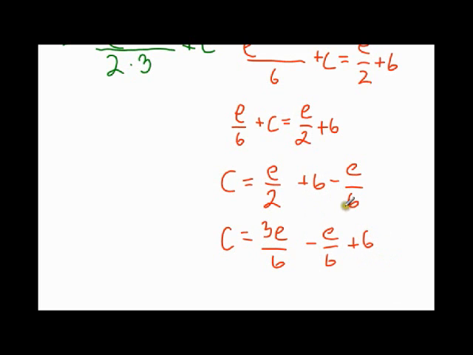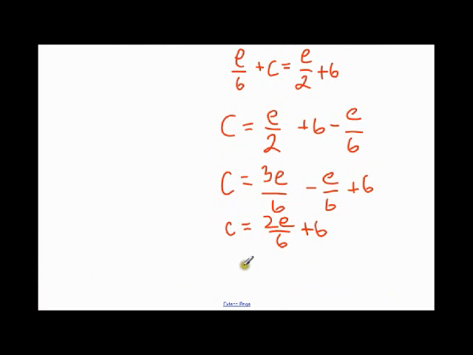So I've just rearranged a little. I put that 6 at the end because now I end up with the fact that c is equal to 3e minus e is 2e over 6 plus 6. And now I can simplify and say that c is equal to e over 3 plus 6.